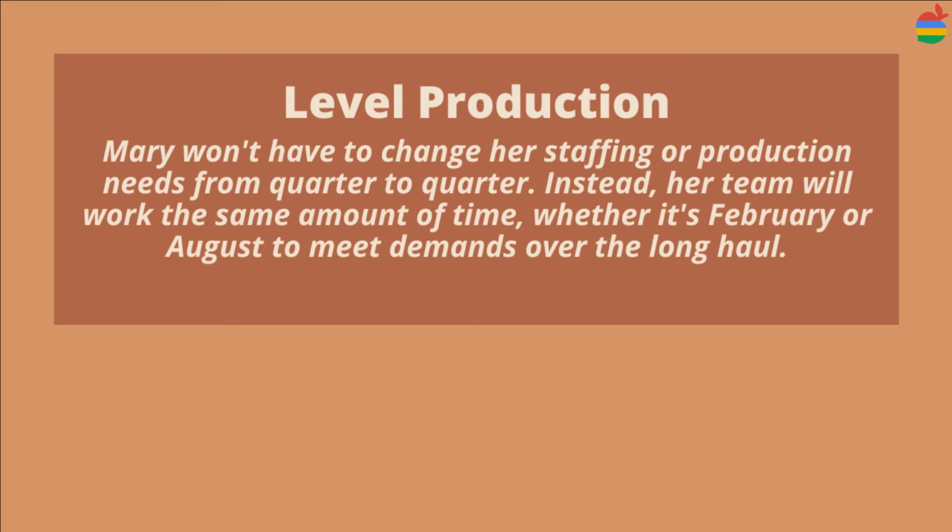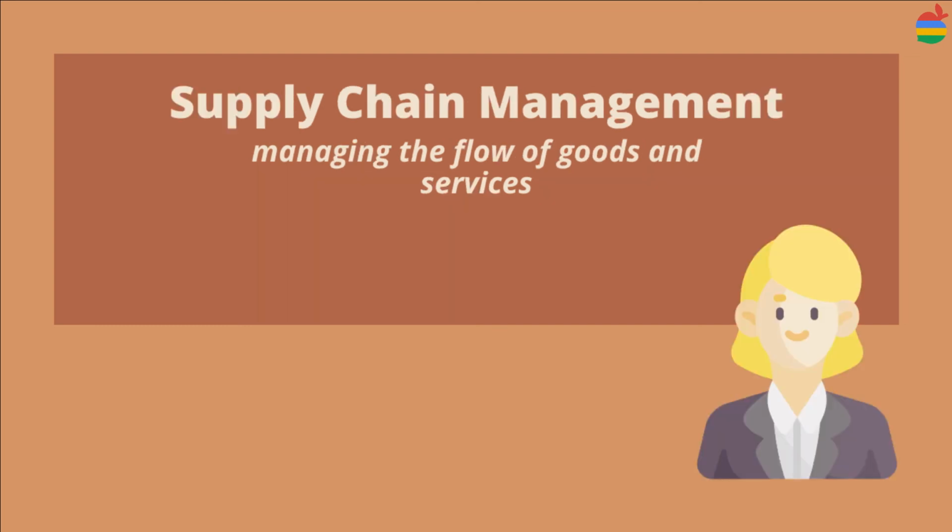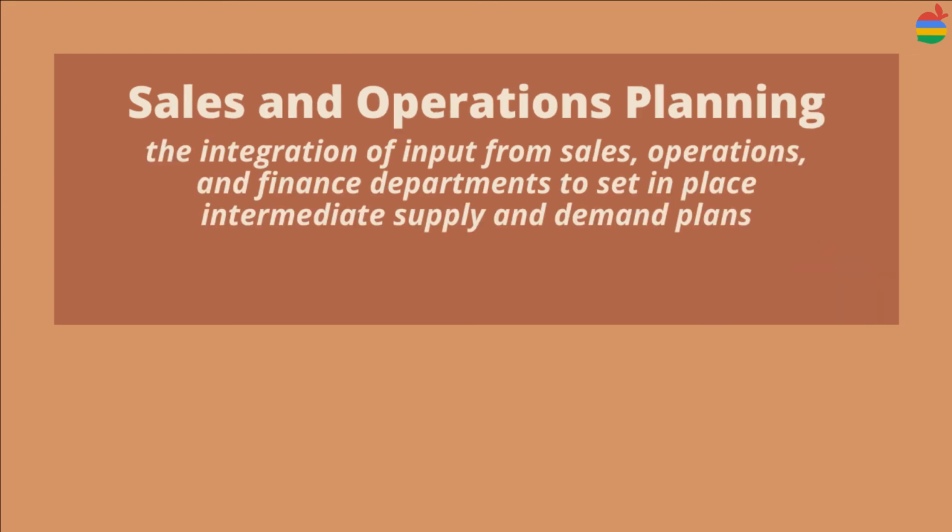So, what's the lesson summary for today? Supply chain management involves managing the flow of goods and services. Part of supply chain management is sales and operations planning, which is the integration of input from sales, operations, and finance departments to set in place inventory and demand plans.